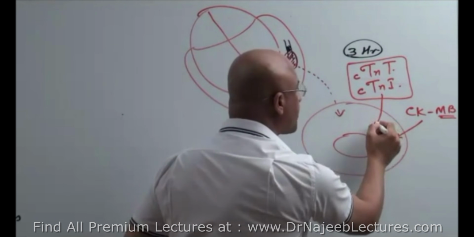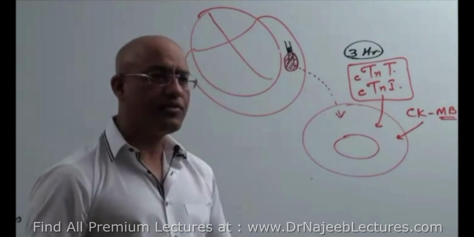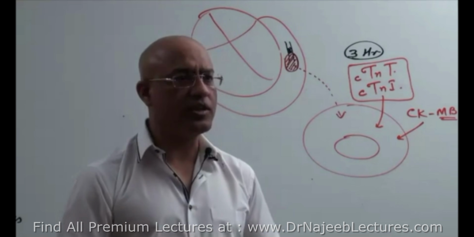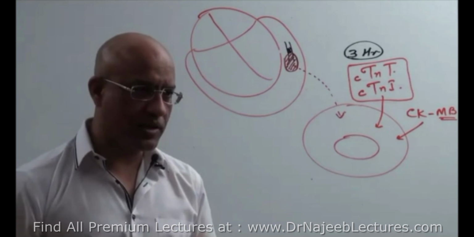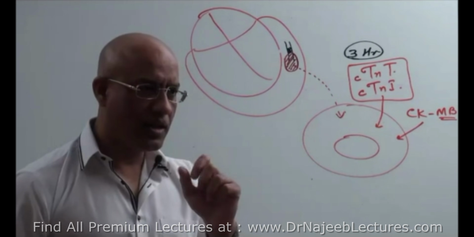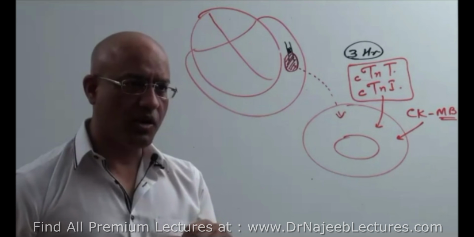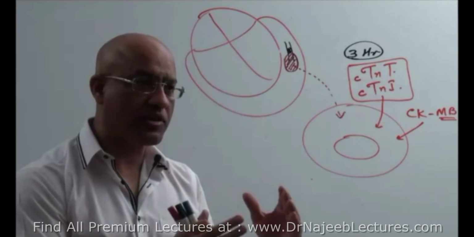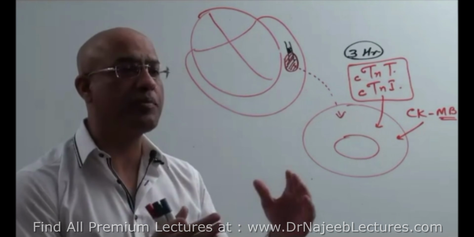So what will happen if someone suffers severe ischemic injury to the myocardial cells, lethal, irreversible injury? Of course these cells start the process of necrosis, but it is going to take many hours.